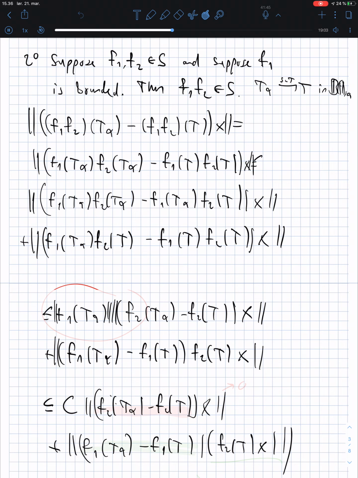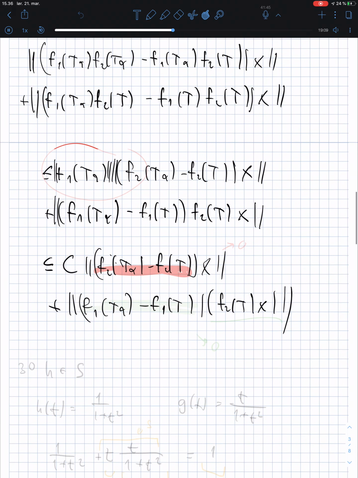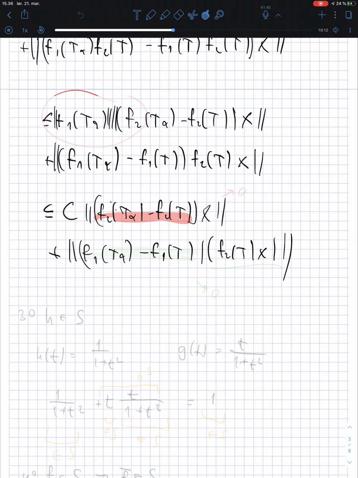Right, so I don't know if this long computation helps, but the point is of course that I know that f2 is in S, so I know that when t alpha goes to t, f2 of t alpha goes to f2 of t on any vector. So that explains why this term that I made in red goes to 0.